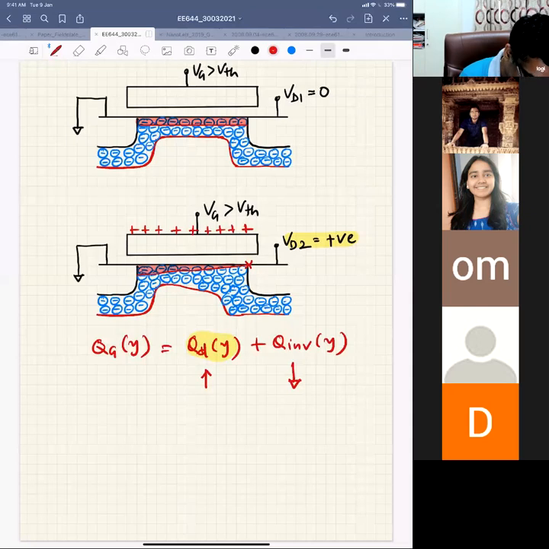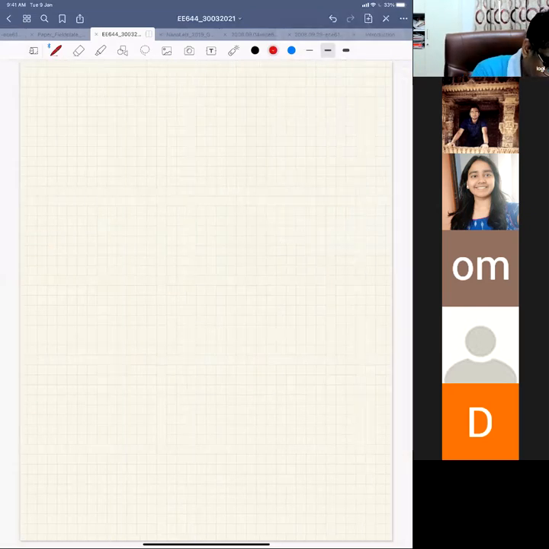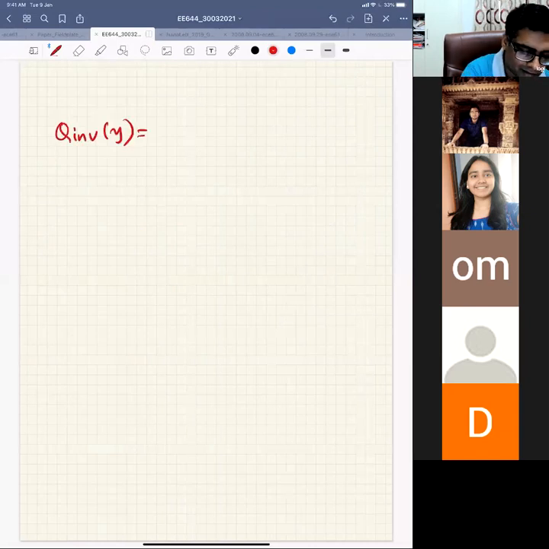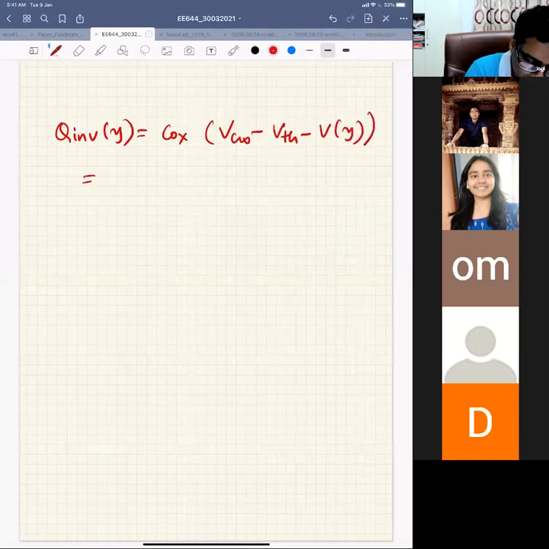As we have written down, Q inversion at y is Cox (VGS minus VTH minus Vy). V at 0 is 0, but V at L, that means the drain side, is VDS.